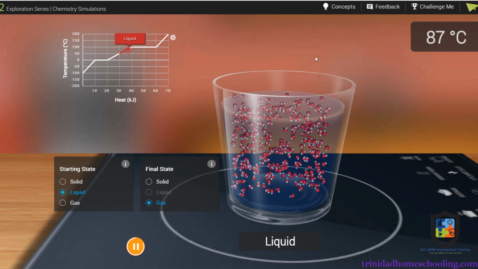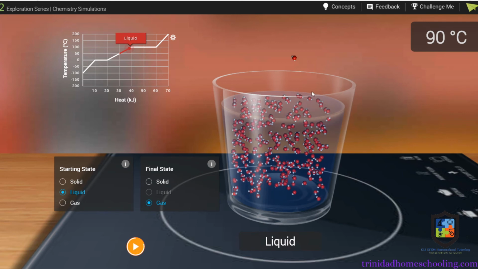Alright, evaporation is happening here. What happens with evaporation? I stopped it at this point here, and some of the molecules closer to the bottom of this glass would have enough energy to escape as a gas, but not the entire volume of liquid as yet. So we're at 90 degrees Celsius.